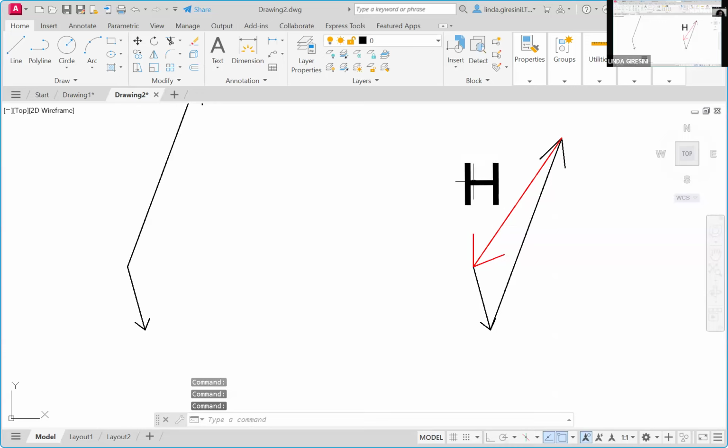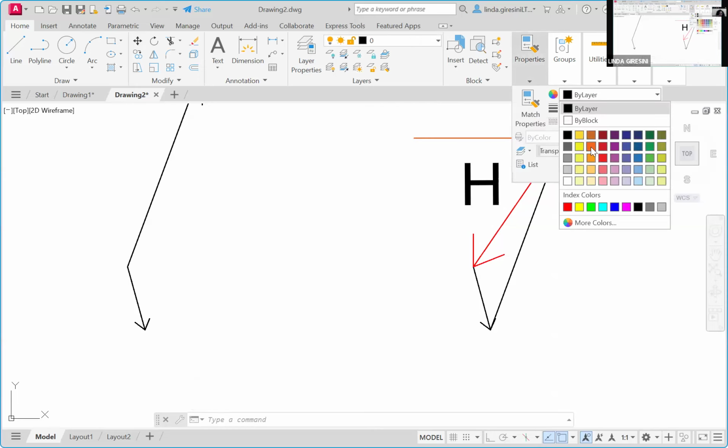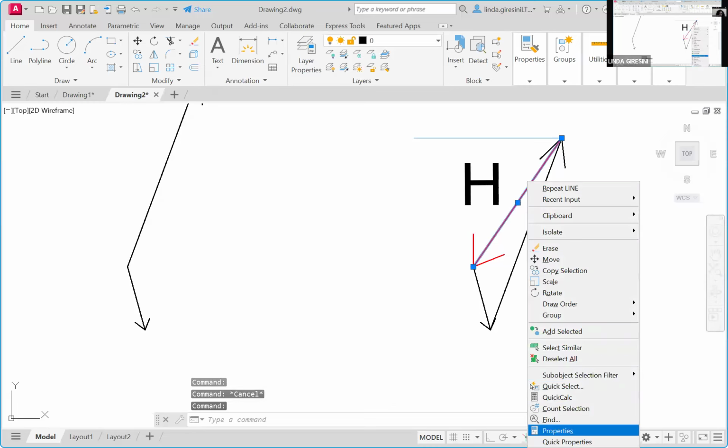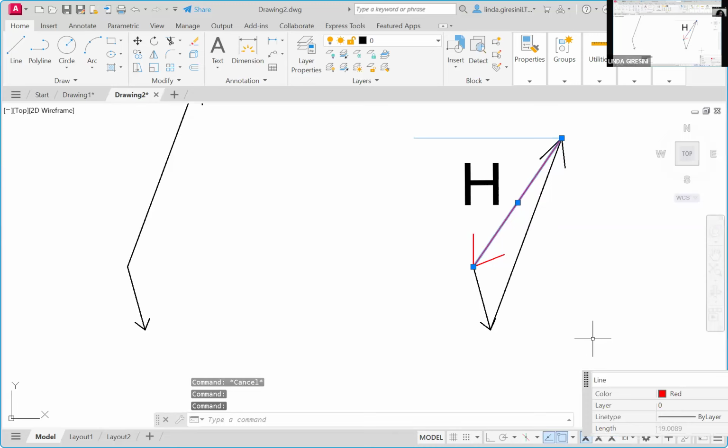So now we want to check two things. The first one is the inclination with the horizontal, so it's the line of direction. And the second one is its length. So we go on properties, for example, and you see here that the length is 19.00.